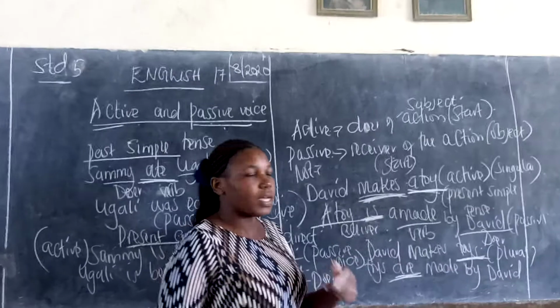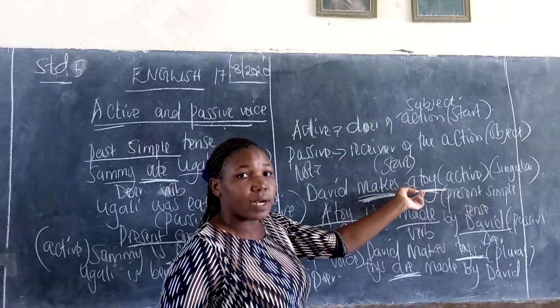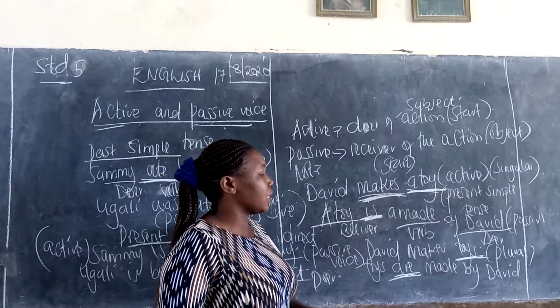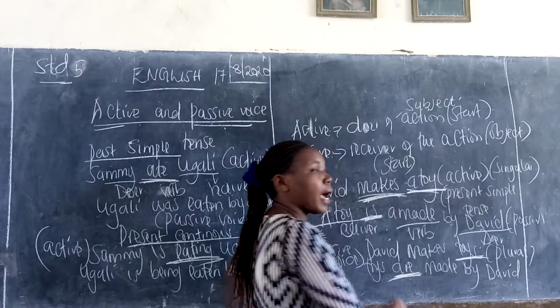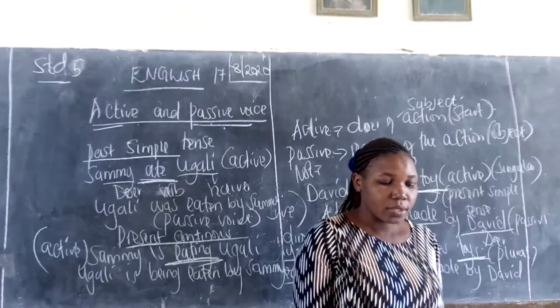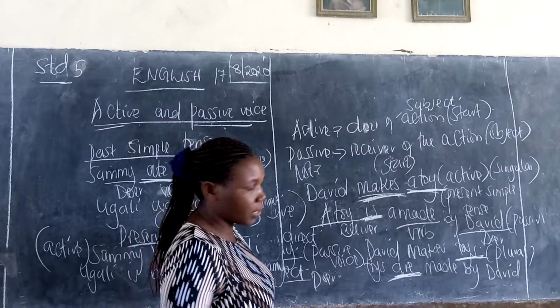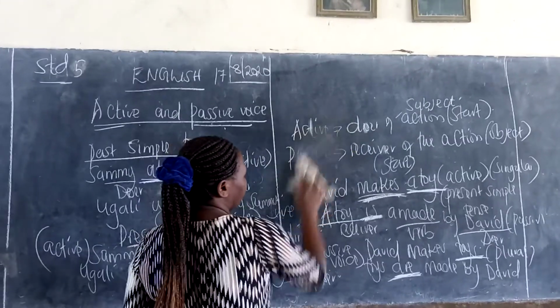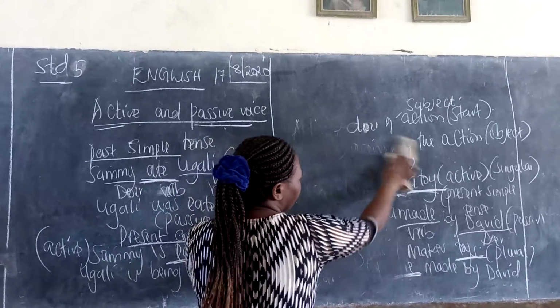If the receiver of the sentence is singular, we are going to use is. If the receiver is plural, we are going to use are. Make the difference. There are other words apart from is and are that change.